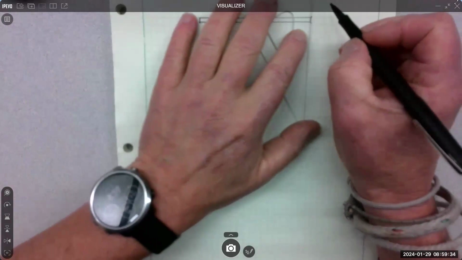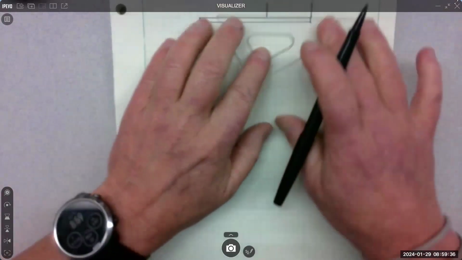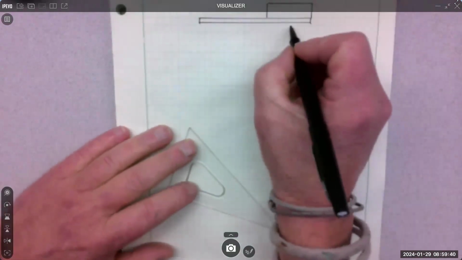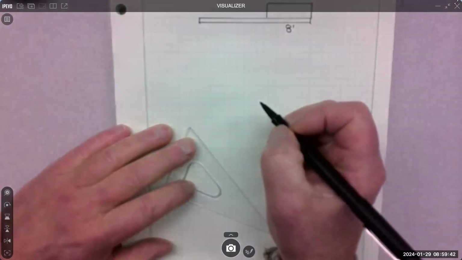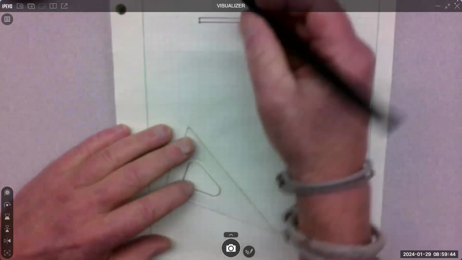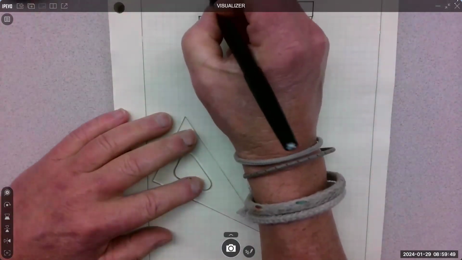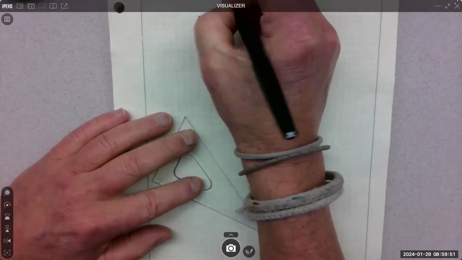Distributed load looks like this instead of a concentration. So I'm gonna say this is 8 feet. And we'll put another force out here. That's a concentration. We've been dealing with that. 200 newtons.